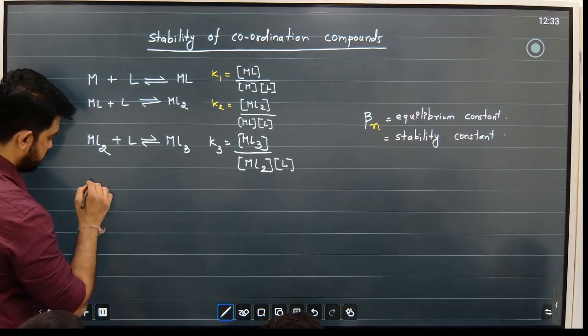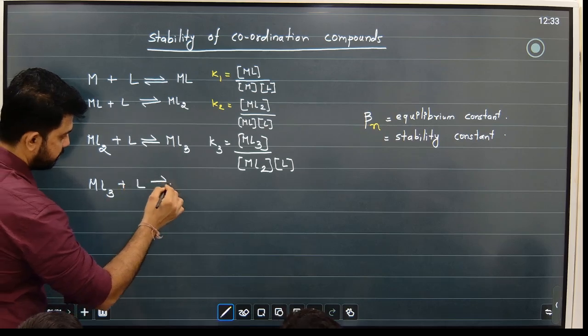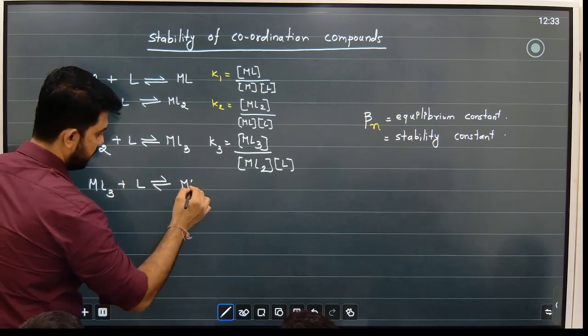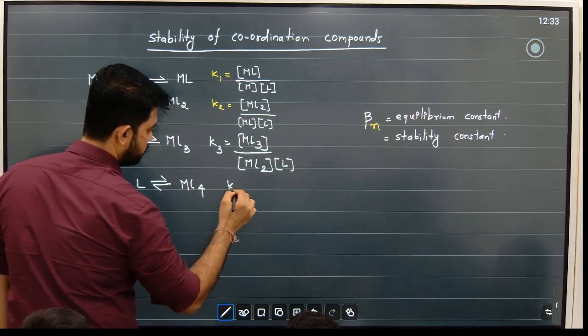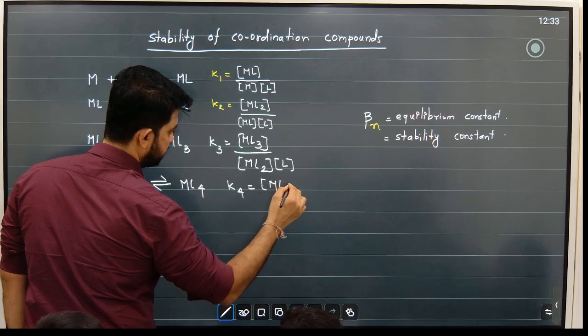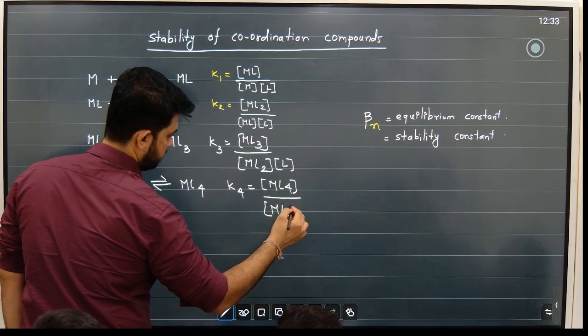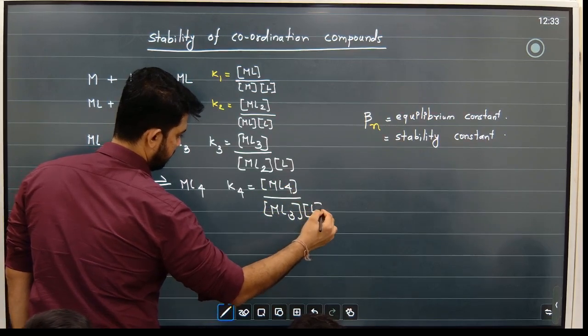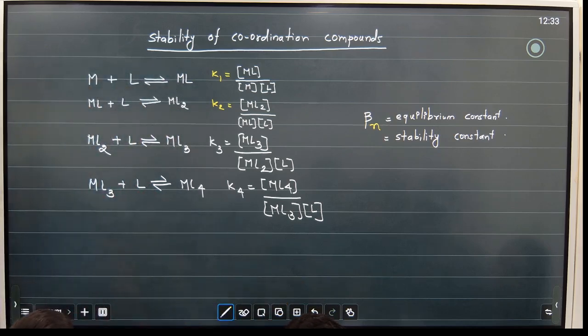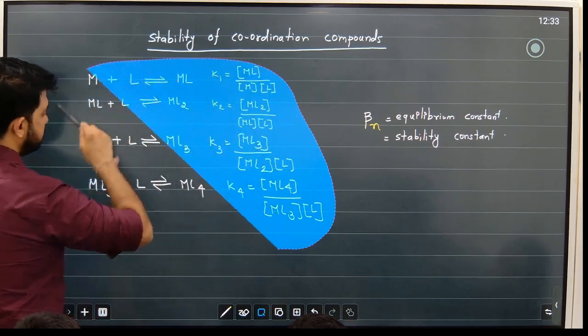And last, since I repeat, we're going till coordination number 4, this becomes ML4, and K4 is ML4 upon ML3 into L. This can also be represented by a single reaction.